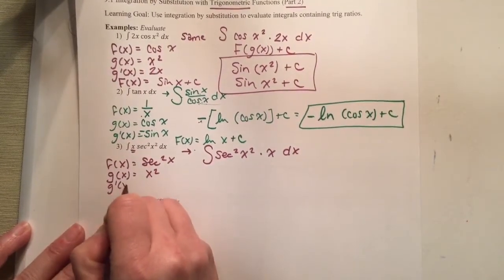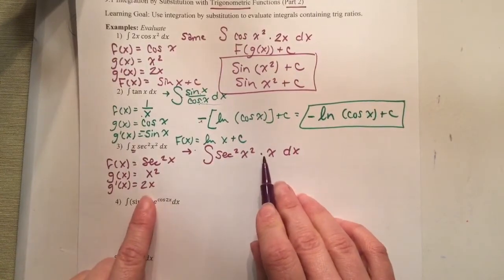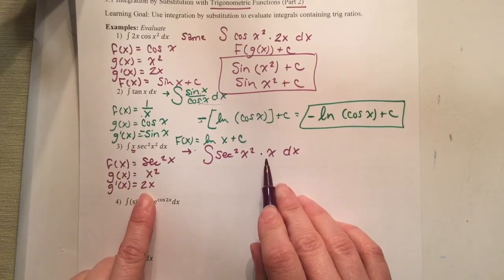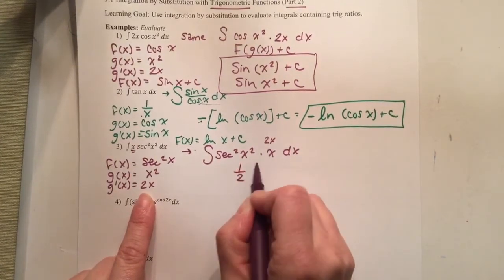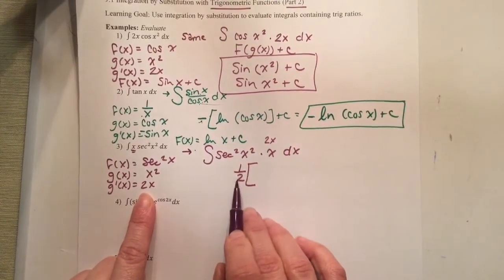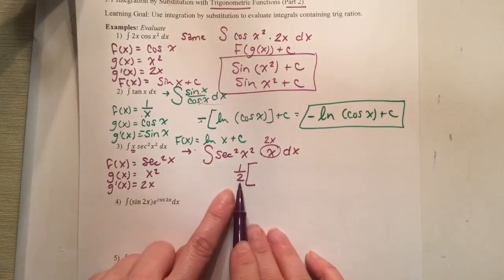The derivative of x squared is 2x. I have the x. Now really this needs to be a 2x. So what happened, if this was really a 2x, is there must have been a 1/2 out front, because 1/2 of the 2 is how it became the x. So I do need a 1/2 out front.